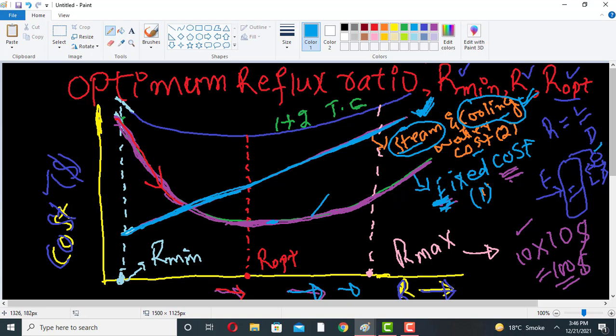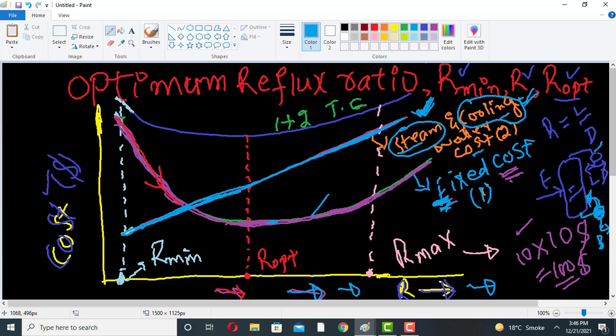So this is the condenser, suppose this is the bottom product B, and this is the reboiler.